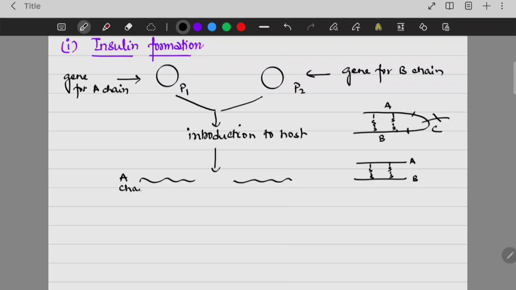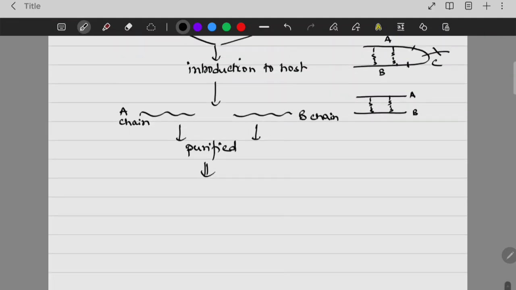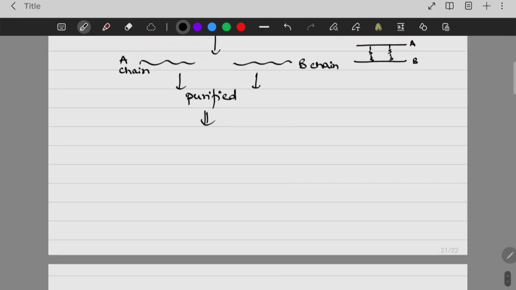Now both chains are purified. After purification, they are attached to each other by disulfide bonds.